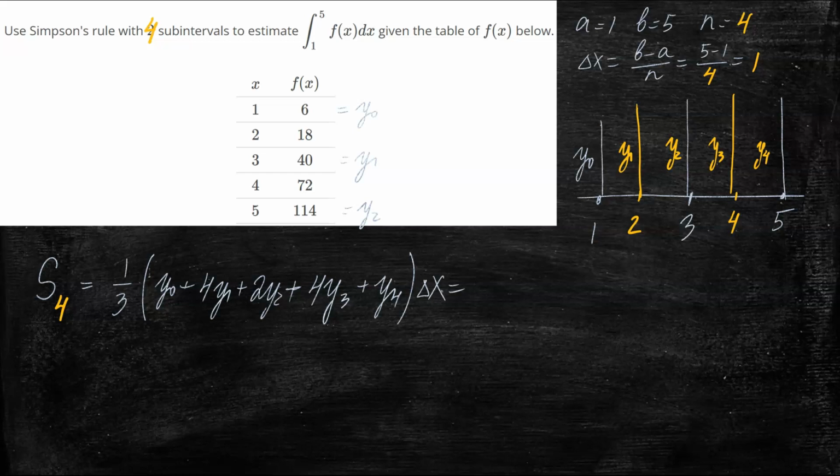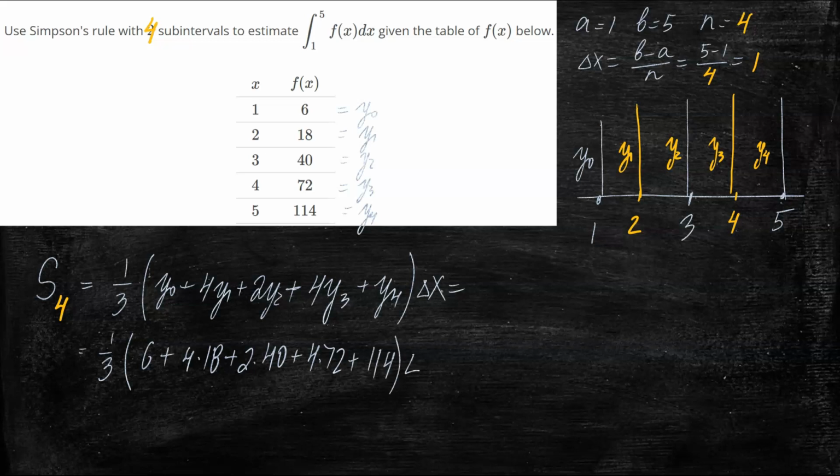So plugging everything in, we get y0. y0 is the same, but y1, y2 are different now. We get 6 plus 4 times 18 plus 2 times 40 plus 4 times 72 plus 114, times delta x. Delta x is now 1.